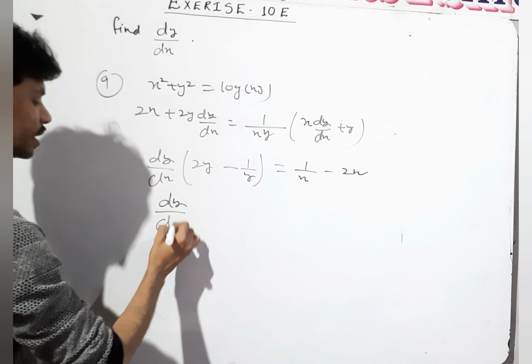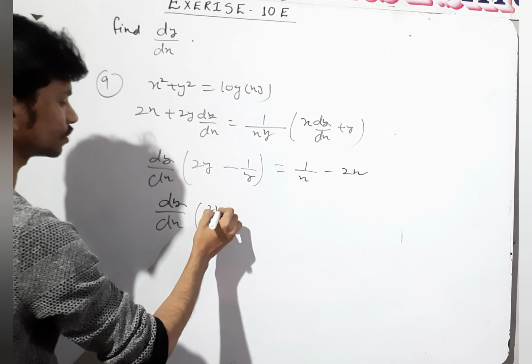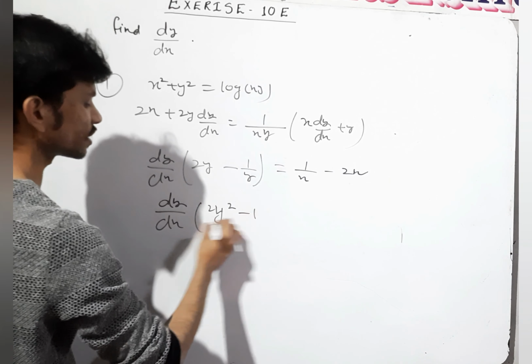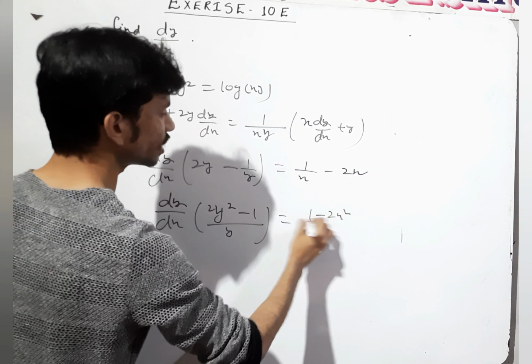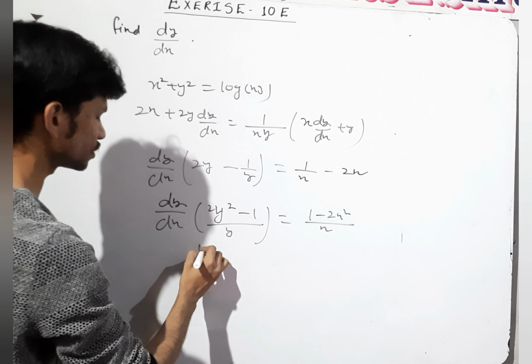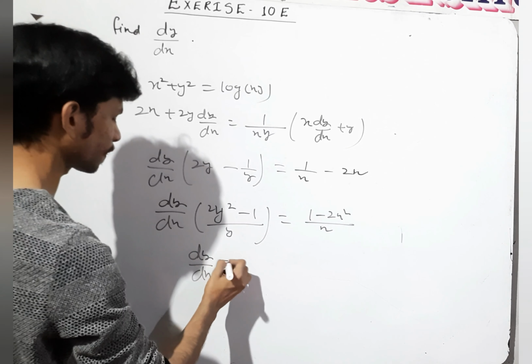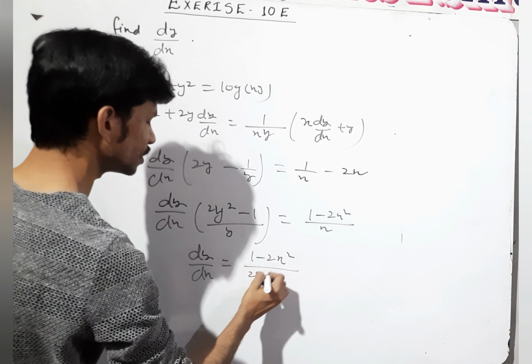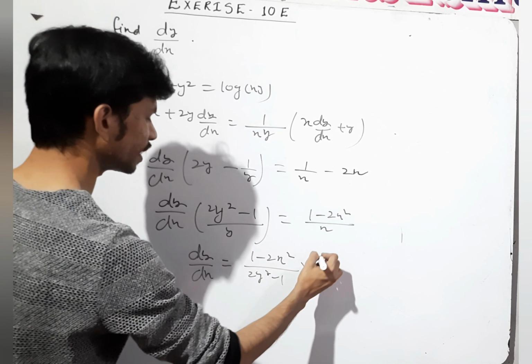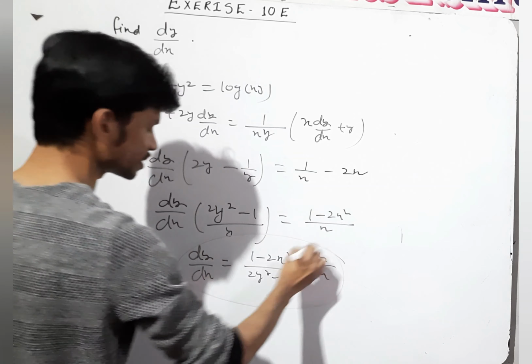Now dy over dx times 2y minus 1 divided by y, and also this is minus 2x square divided by x. So dy over dx equal 1 minus 2x square divided by 2y minus 1 and multiplied by y over x. So this is the final answer.